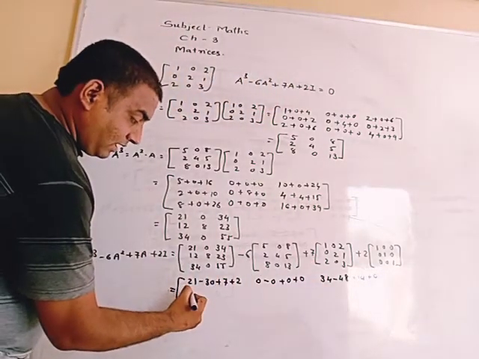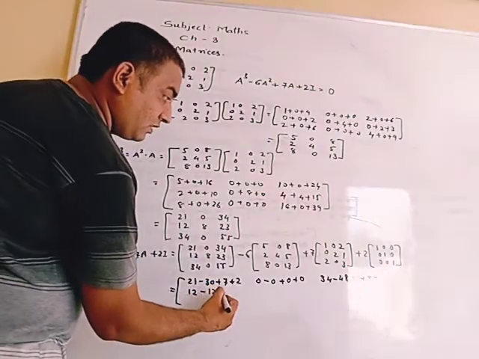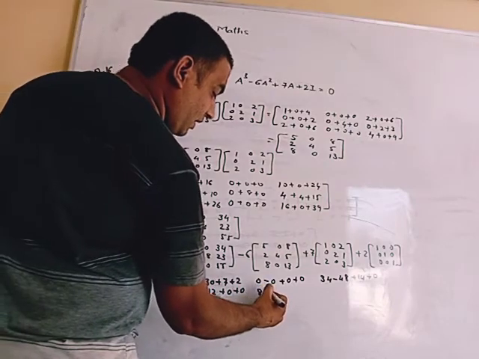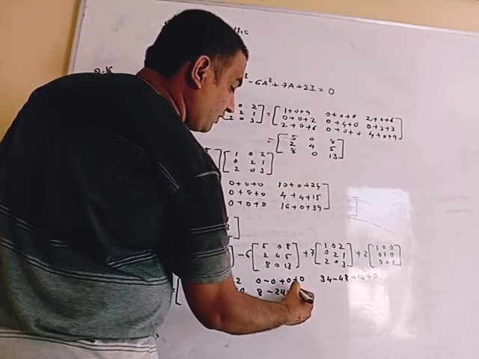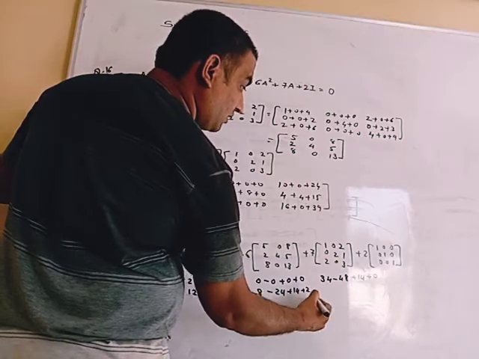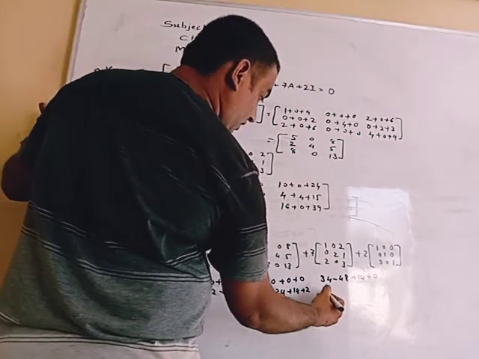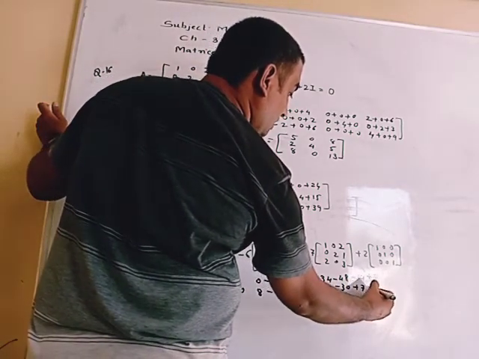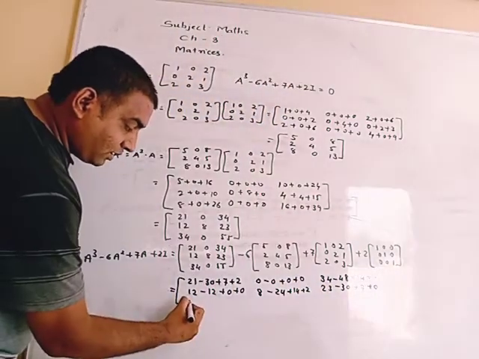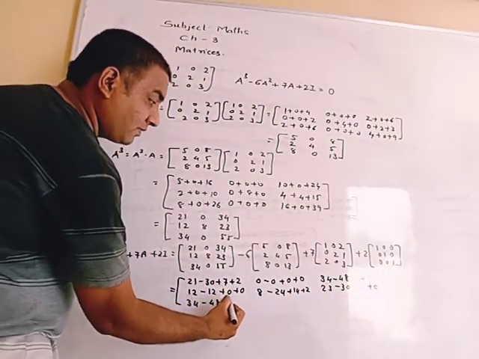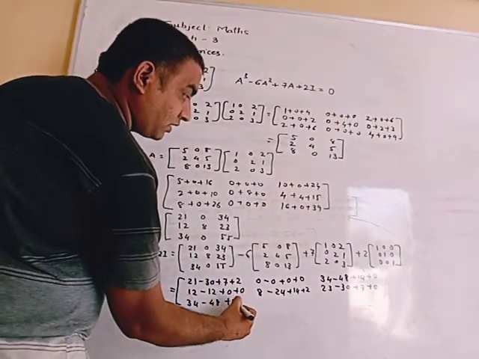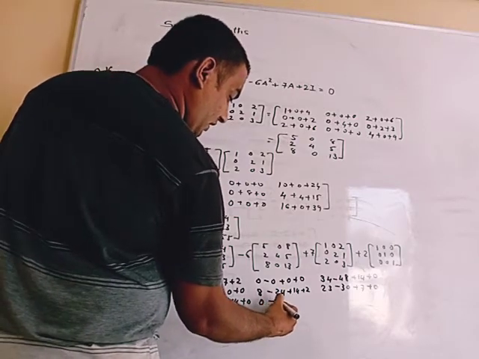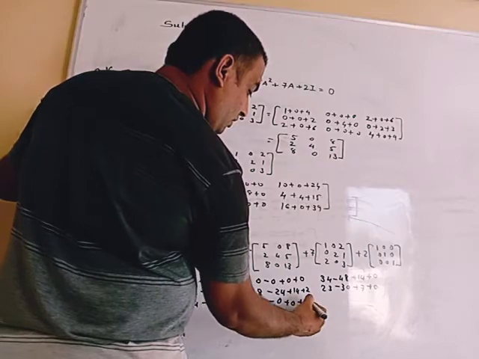Here we can write 12 minus 6 2s is 12, plus 7 0s is 0, 2 0s is 0. 8 minus 6 4s is 24, plus 7 2s is 14, plus 2 1s is 2. And here 23 minus 6 5s is 30, plus 7 1s is 7, plus 2 0s is 0. 34 minus 6 8s is 48, plus 7 2s is 14, plus 2 0s is 0. Here 0 minus 0 plus 0 plus 0.